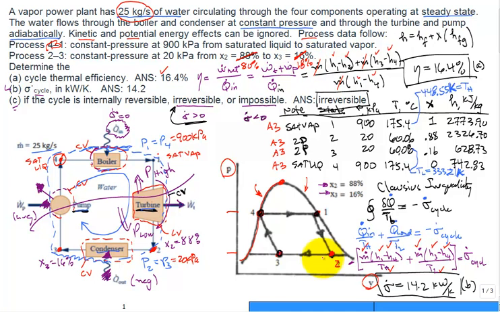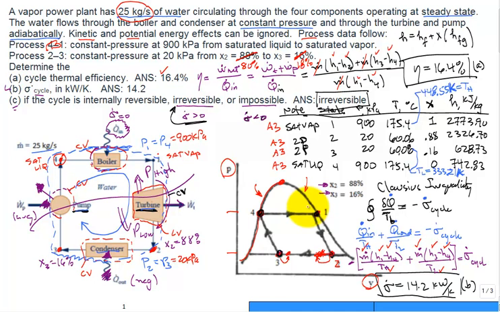So you're moving state 2 a little further this way in the diagram, from 88 to 80% quality, and then you're moving state 3 a little bit further, a little closer that way. So state 3 moves there, state 2 moves there, and then you rerun the whole thing again.